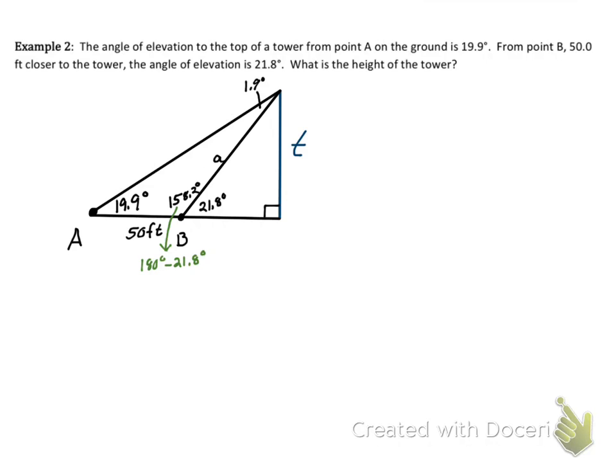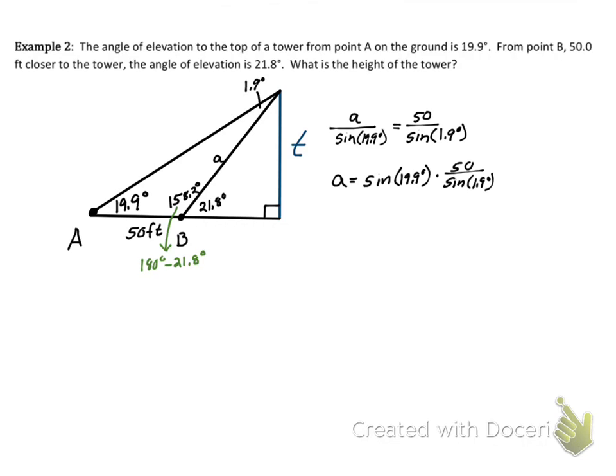So now I'm going to use this angle and this side across to solve for A. So we're going to say A relates to the sine of 19.9 degrees, the same way that that 50 feet is going to relate to sine of 1.9 degrees, which means A is just going to equal something I can plug in my calculator, which is the sine of 19.9 degrees times 50 over sine of 1.9 degrees.